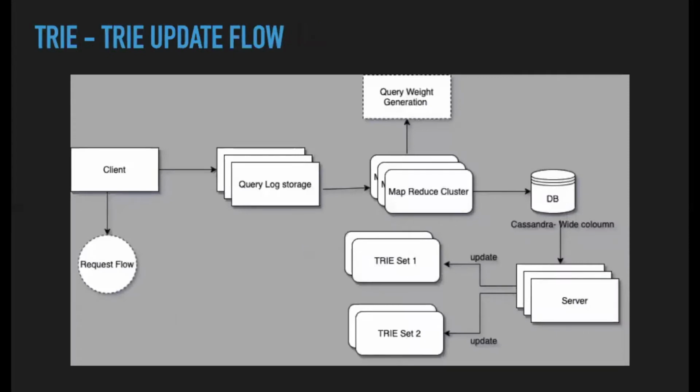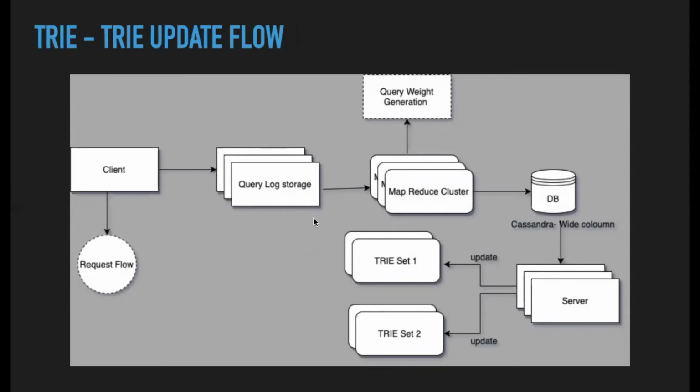How you are going to update it. So imagine you remember you fired a query, right? This went through this request flow. But what else happens in that case? Your query was logged in some temporary storage, some kind of file system, let's say HDFS.